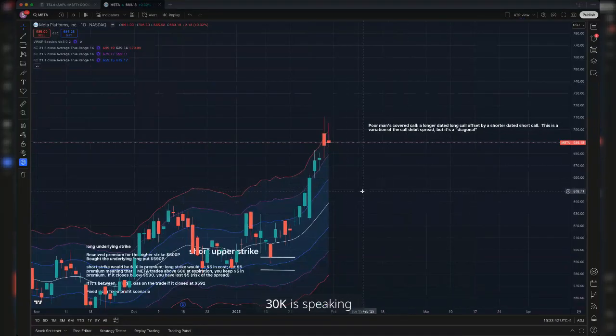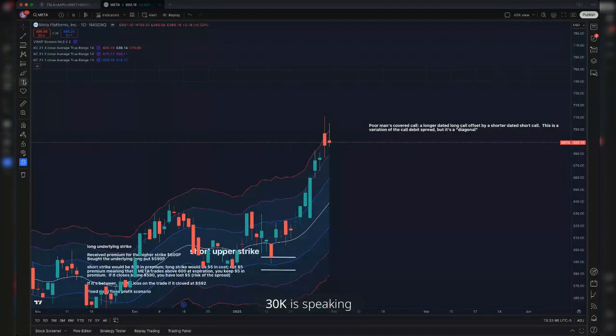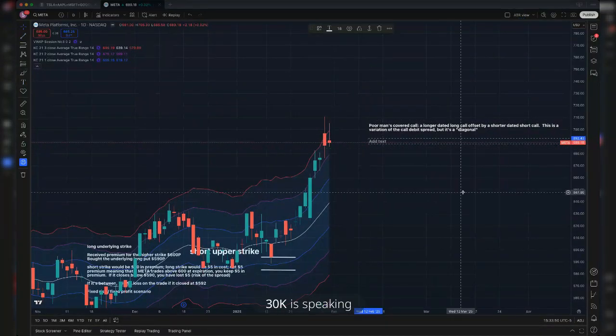And so the reason why this would be a diagonal is, let me do text on this first. So the hypothetical here would be, I'll do the easy one, buying a Meta $800 2026 Leap, right? And then selling a Meta 750 Jan 31 2025 call.